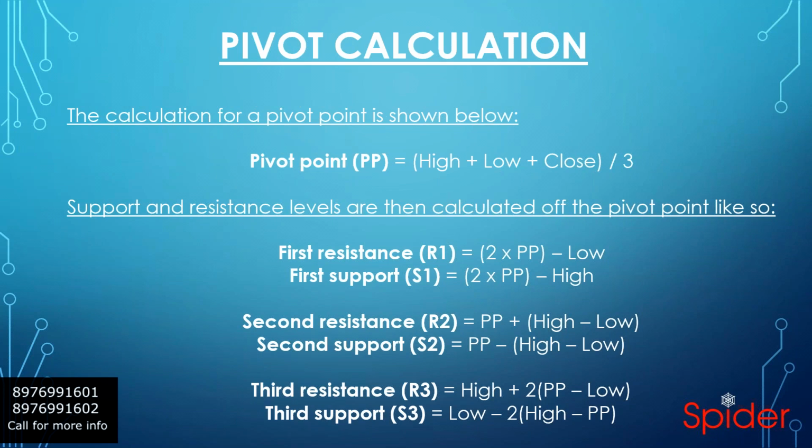Basically it's a formula: R1 equals 2 times PP minus low. Similarly, S1 is support 1, and R2 is pivot point plus high minus low. These calculations are of Classic 4.